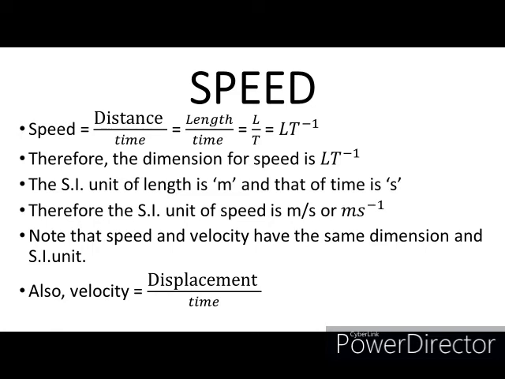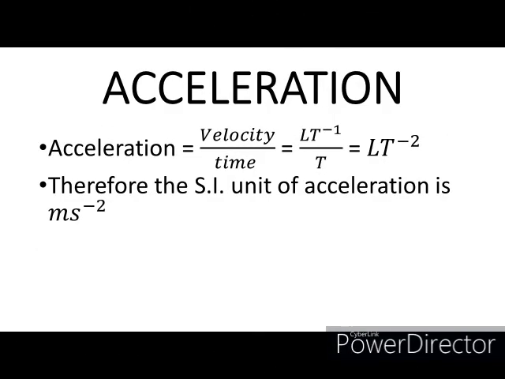Now, both speed and velocity have the same dimension and the same SI unit. From velocity, we can derive acceleration. Acceleration is simply the change in velocity over time. Since we had already gotten velocity as LT^-1, and then over time, the dimension for acceleration is written as LT^-2. So the unit is meters per second squared, m s^-2.